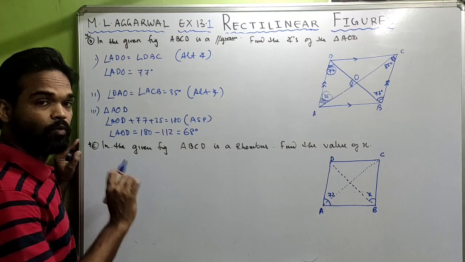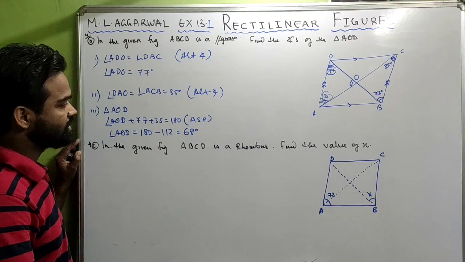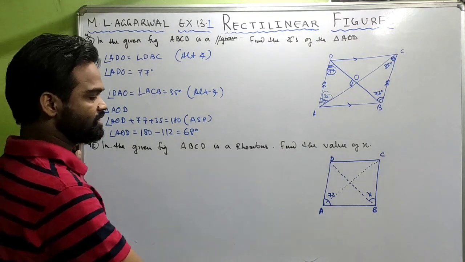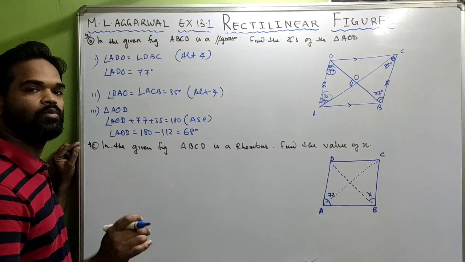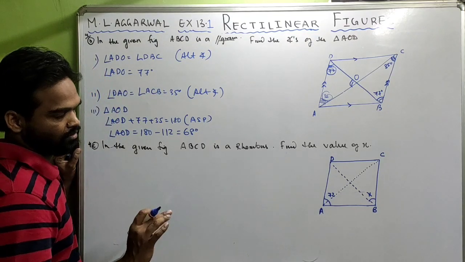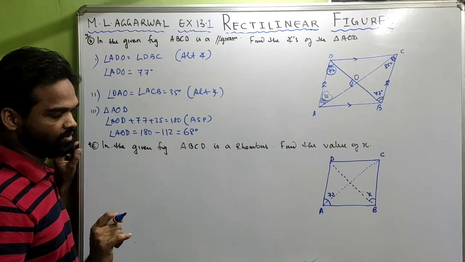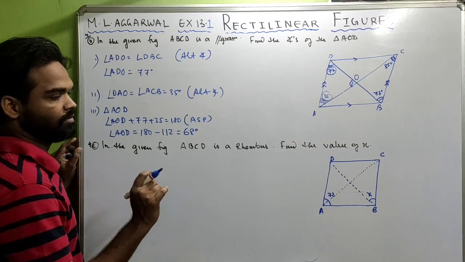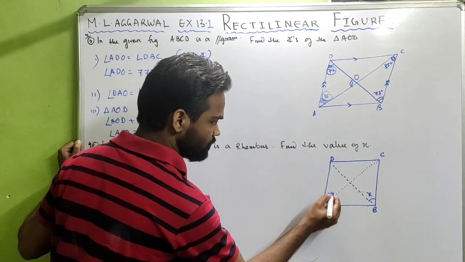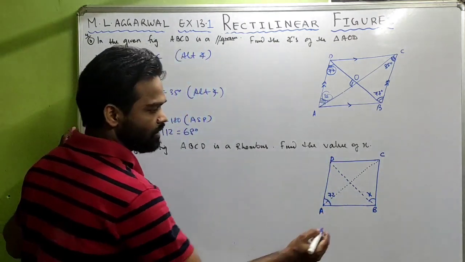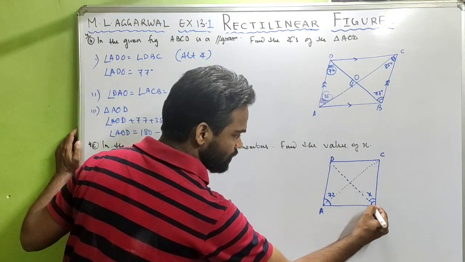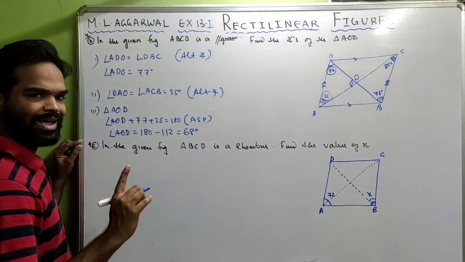Okay. Now let us look at 4 part C, which says in the given figure ABCD is a rhombus. Find the value of x. Rhombus is also a parallelogram, in which the adjacent sides are equal. Now look carefully. First of all, angle A, which means angle DAB, and angle B, this entire angle, will add to give 180.